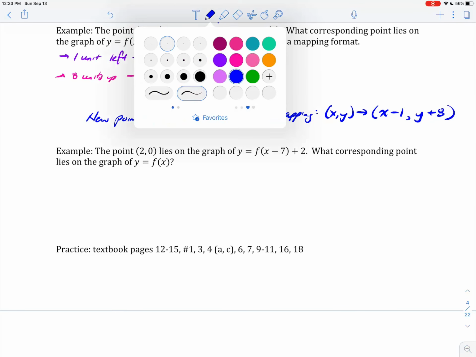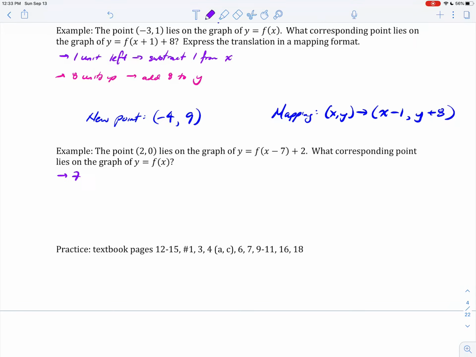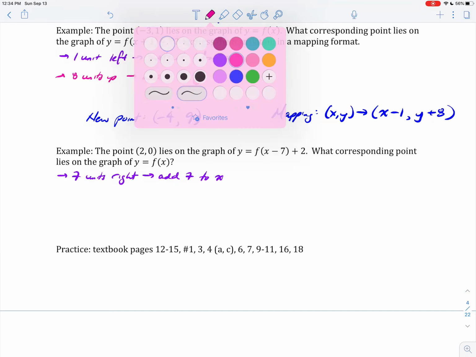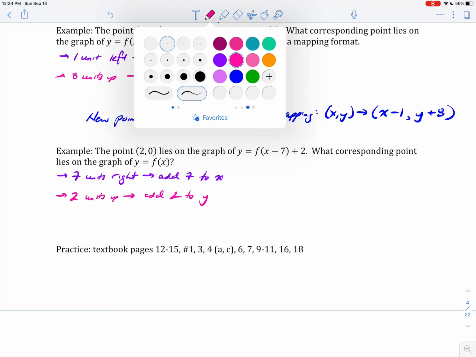And final example. We're moving 7 units right and 2 units up.